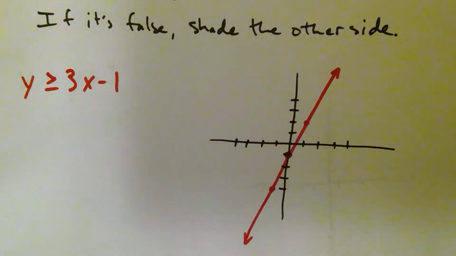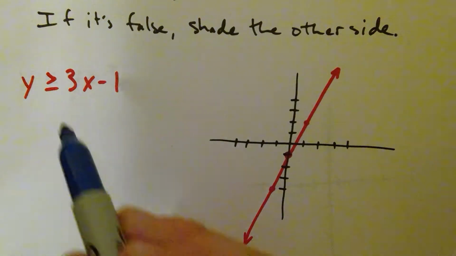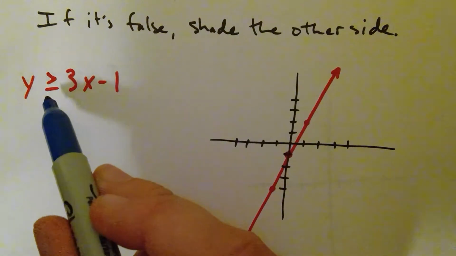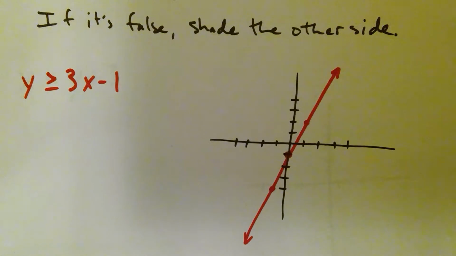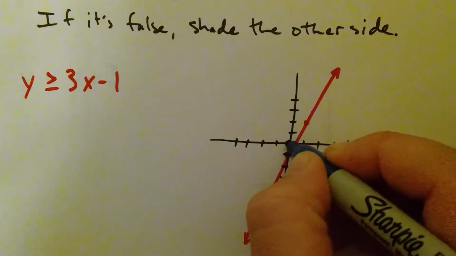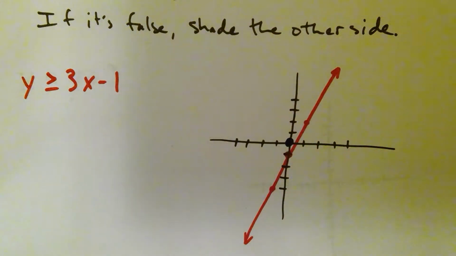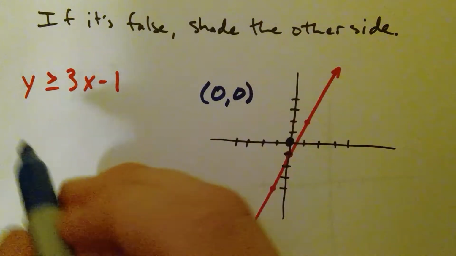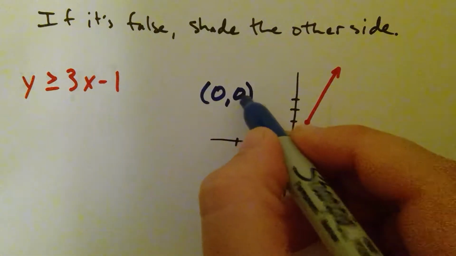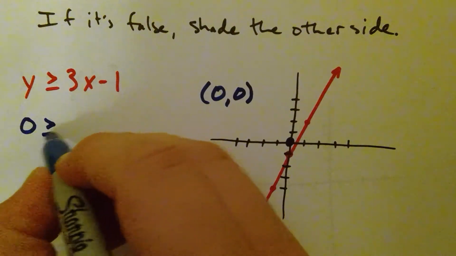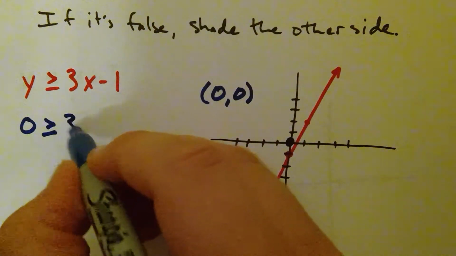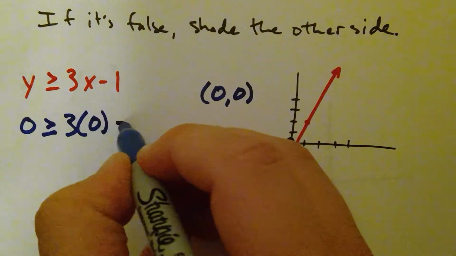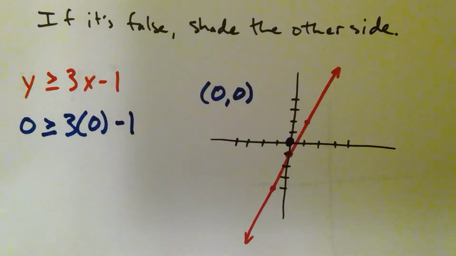So we have an inequality graphed here. It's a solid line because we are greater than or equal to. I'd say this point 0, 0 is not on my line. So I'm going to plug 0, 0 into my equation. My y value is 0, my x value is 0, and the minus 1 stays there.